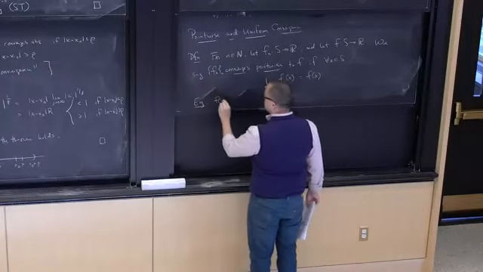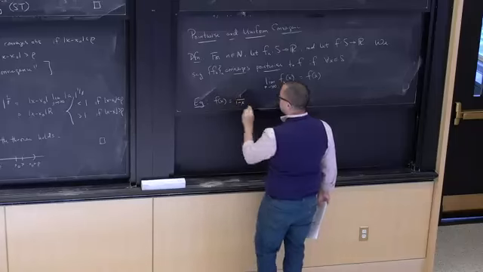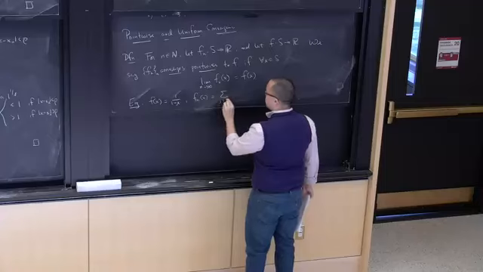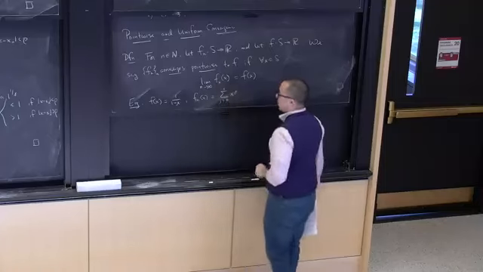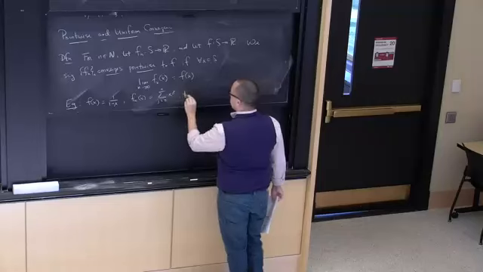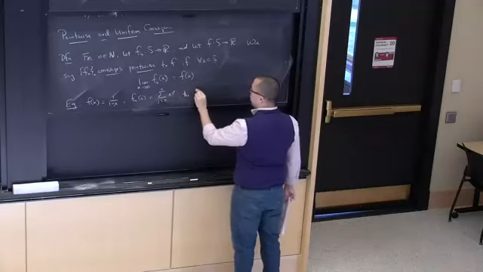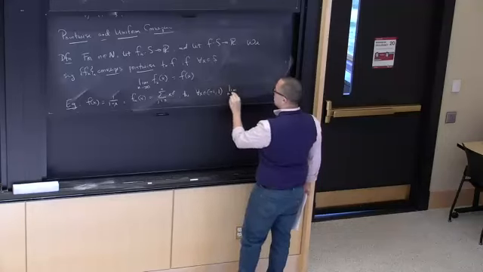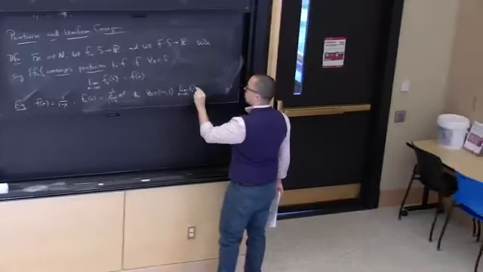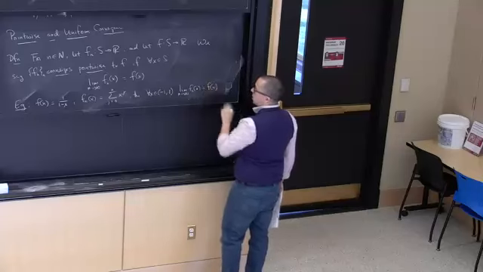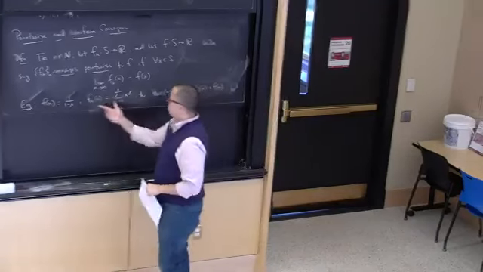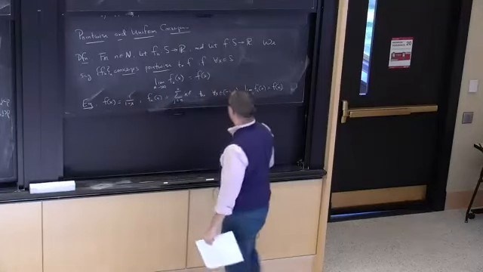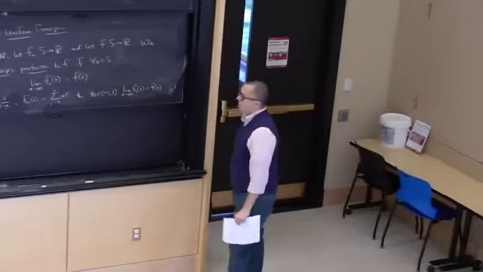If I define f of x equals 1 over 1 minus x, fn of x to be the sum from j equals 0 to n of x^j, then for all x in (-1, 1), the limit as n goes to infinity of fn of x equals f of x, i.e. the sequence of partial sums corresponding to this power series converges to 1 over 1 minus x pointwise on (-1, 1).